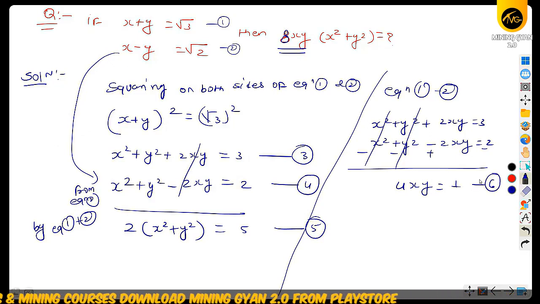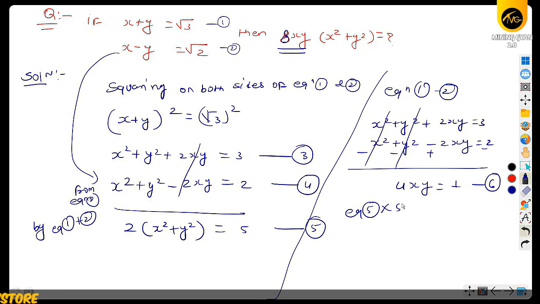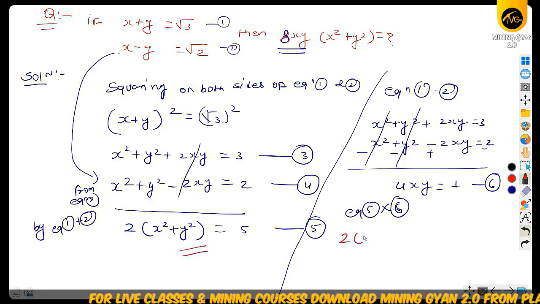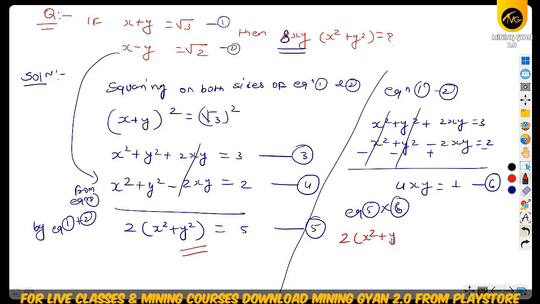Now just compare equation number 5 and equation number 6, or we can say just multiply equation number 5 and equation number 6. From equation number 5, we have 2 into x square plus y square. Now multiply by equation number 6, that will be 4xy.